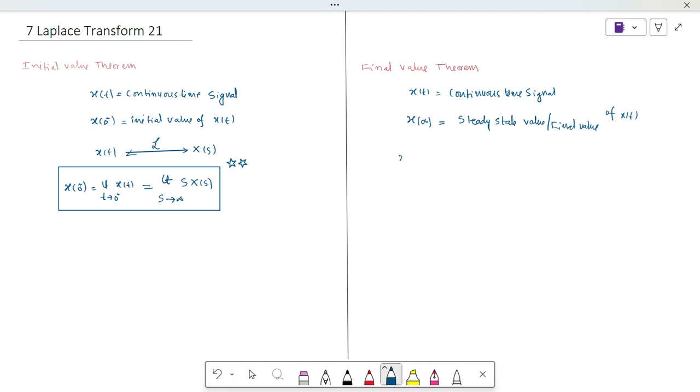Then the final value, limit t tends to infinity of x of t, equals limit s tends to 0 of s into X of s. For the initial value, in the limit you should take s tends to infinity and X of s must be multiplied by s. For the steady state, here we have taken s tends to 0. That is the difference.